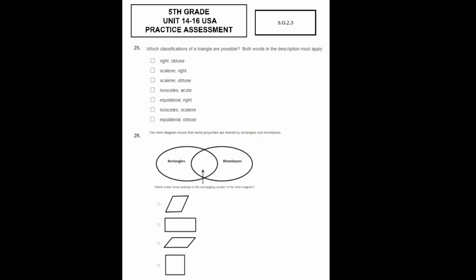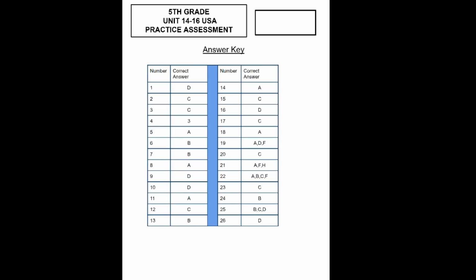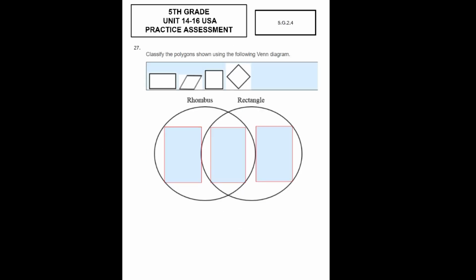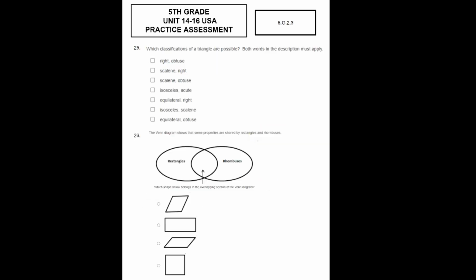All right, these are our last questions that we're going to do. Which of these classifications of a triangle are possible? Both words in the description must apply. Remember, we have angle words and side words.